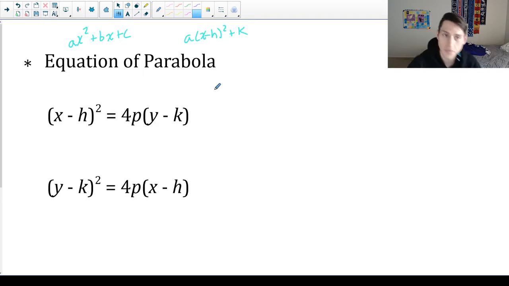And so now we have these different equations of parabolas. Now that we know that this thing called the focus and the directrix exist, here's a different way that we can write those equations that help us determine those. This first one would give us a parabola that's either facing up or down. Oh, no, not up or down.